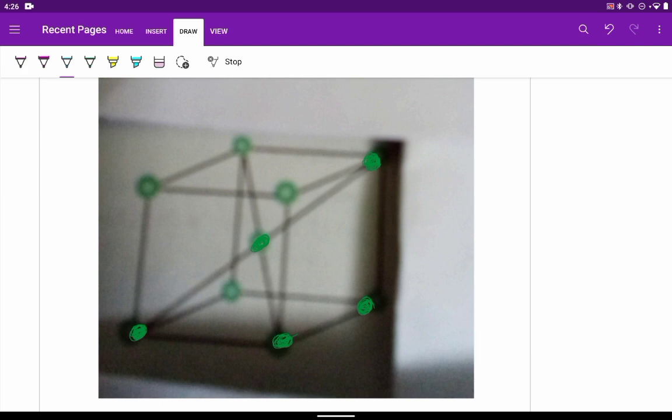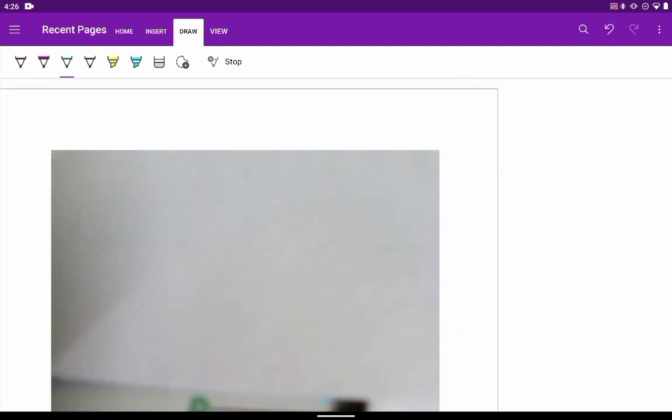There are 1, 2, 3, 4 corners here and 1, 2, 3, 4 here. Total 8 corners, and one we get at the center. The center atom contributes totally, and at the corners it will be 8 into 1 by 8, which is equal to 1, as we have seen here.